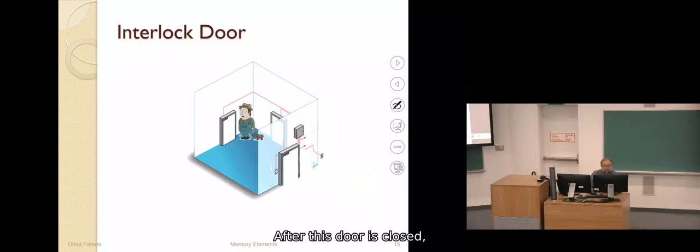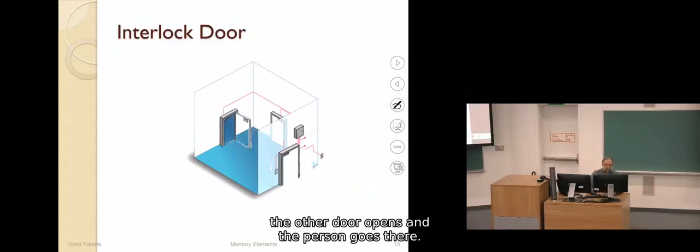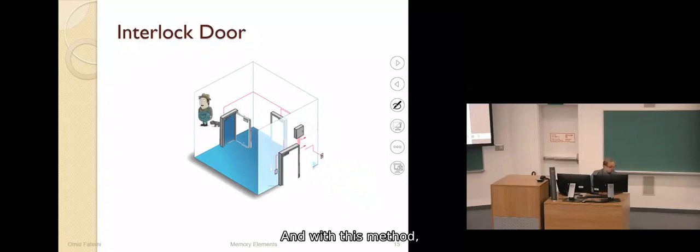After this door is closed, the other door opens, and the person goes there. And with this method, the hot air doesn't come out, or the cold air doesn't go inside the building. So we use the same idea.